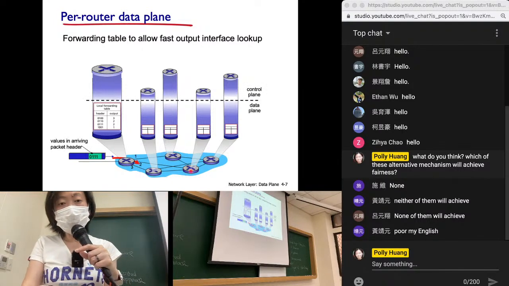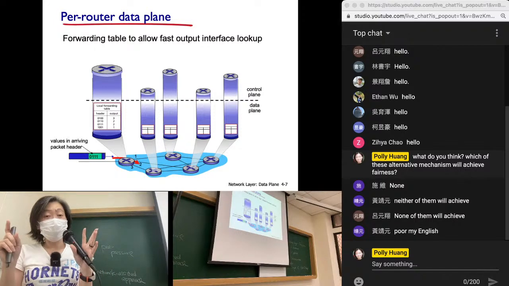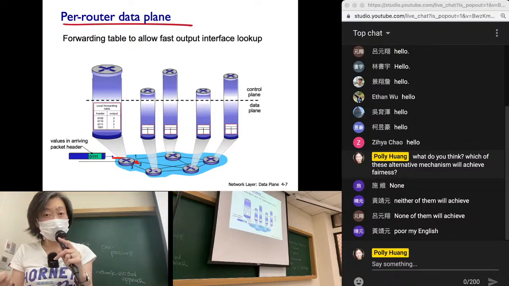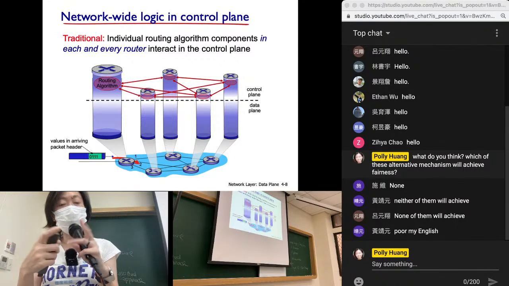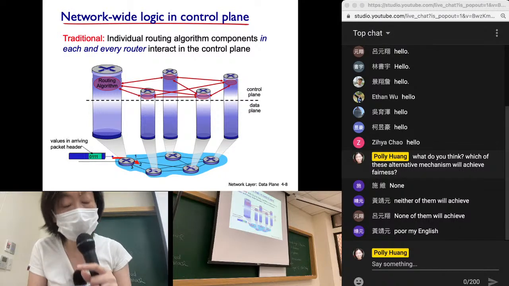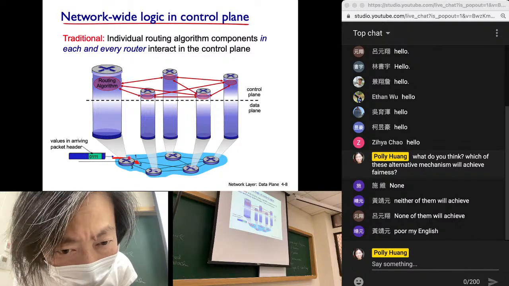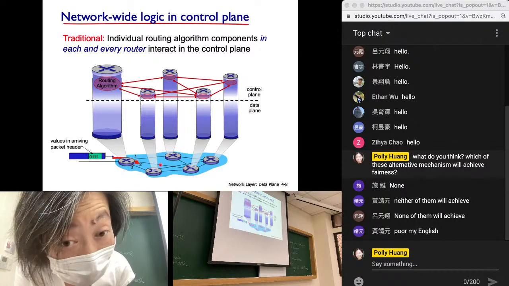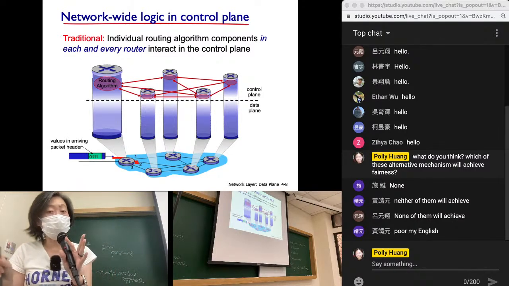But the control plane up here is the one doing the route computation. In order to do route computation, these routers at the control plane will need to exchange information with each other. The traditional approach sends short messages to each other in order to find out who's connected to whom. Down below at the data plane, this router here has 3 connections to other routers, and each of these other routers has other connections to their neighboring routers.